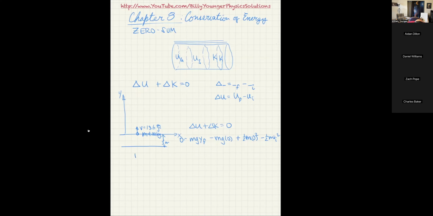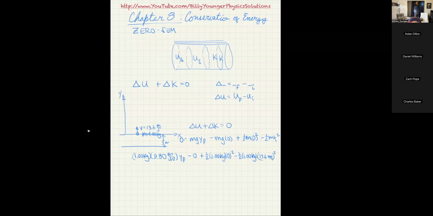So now I can say 1.00 kilograms times 9.80 meters per second squared times y final, minus 0, plus 1/2 times 1.00 kilograms times 0 squared, minus 1/2 times 1.00 kilograms times the v initial we said was 19.6 meters per second.